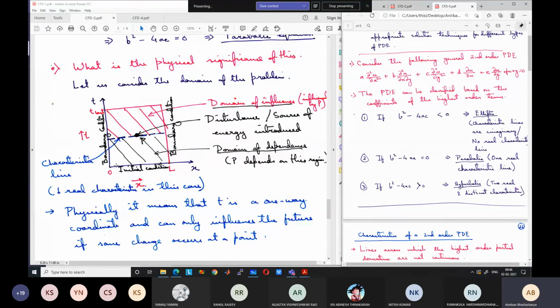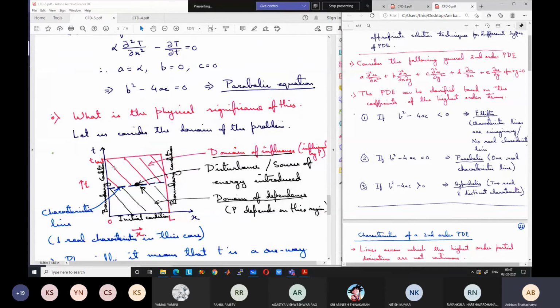So again, to simplify, at time t equal to 0, say there is a variation along the x direction. You have a 1D problem, a 1D rod or bar, a metallic bar. One side is kept at 100 degree centigrade, and another side is kept at 0 degree centigrade.